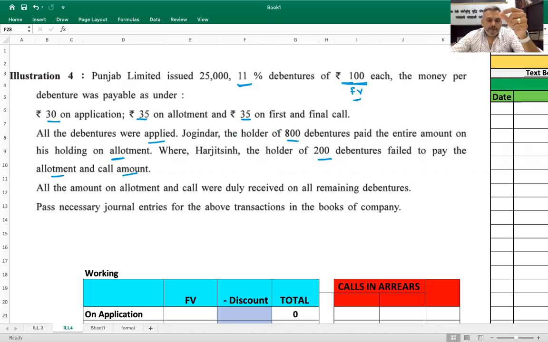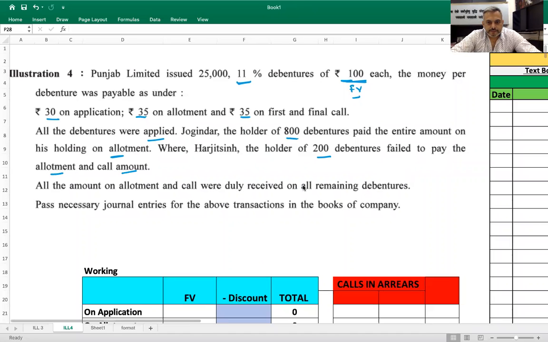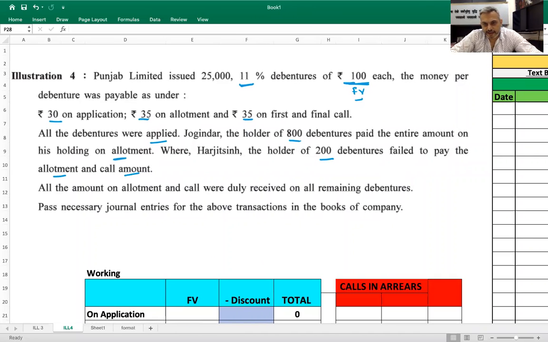So over here, we have a person who has paid in advance, and we have a person who has not paid on time, and there are calls in arrears. So it's a combined sum of calls in arrears and calls in advance. All the amount on allotment and call were duly received on remaining debentures. Pass necessary journal entries for the above transaction in the books of the company. So now let's do the working first. Go through the sum once again.